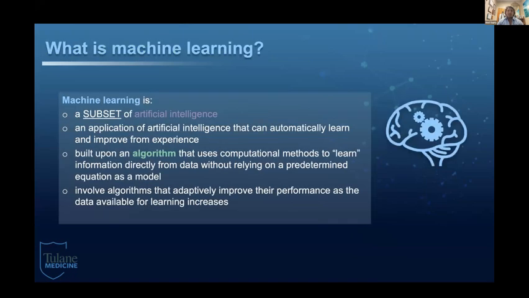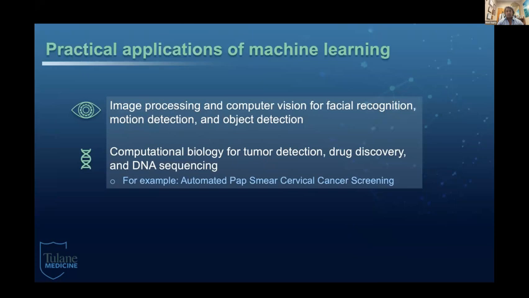Machine learning is a subset of artificial intelligence, an application of AI which can automatically learn from experience. It's built upon an algorithm that uses a variety of methods to learn information directly from the input data without relying on a predetermined equation as a model. It involves algorithms that adaptively improve their performance as the data available for learning increases.